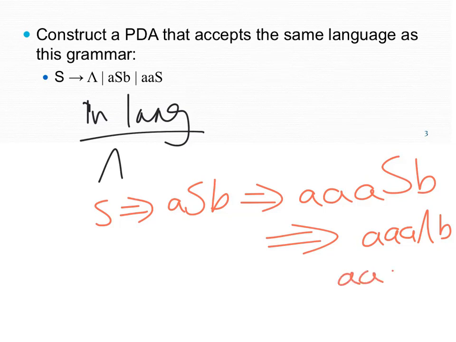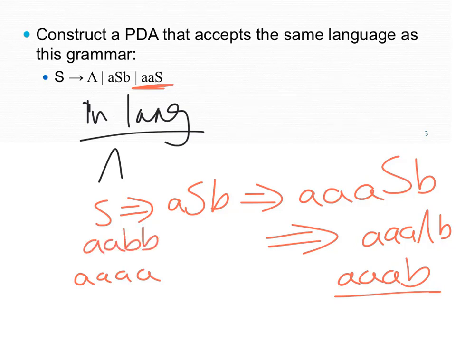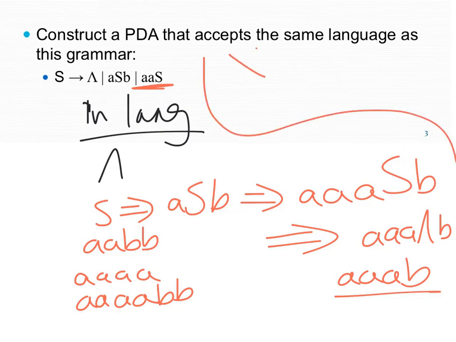Which is just AAAB. So that's in my language, right? I could have just some pairs of S, so I could have like 1, 2, 3, 4 in my language, or I could have AABB.